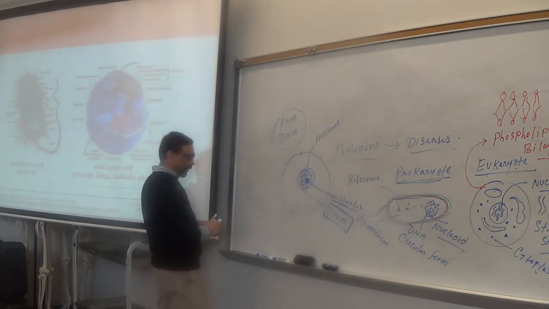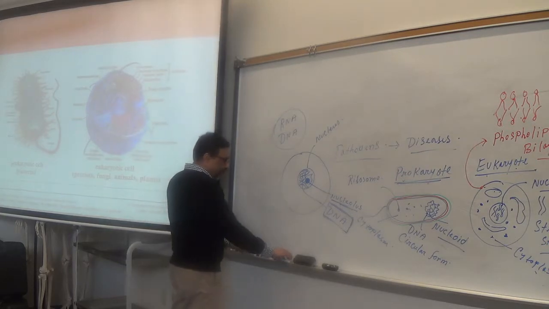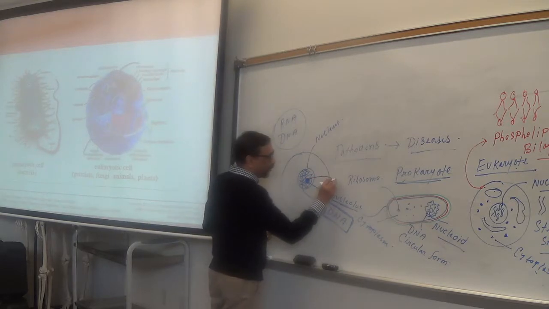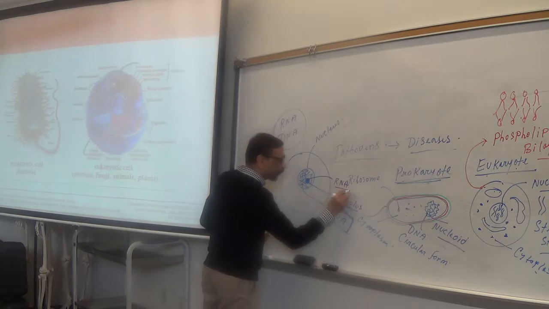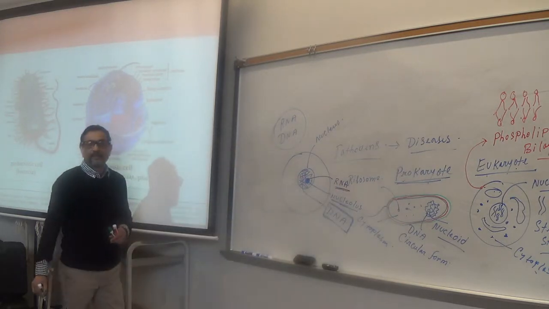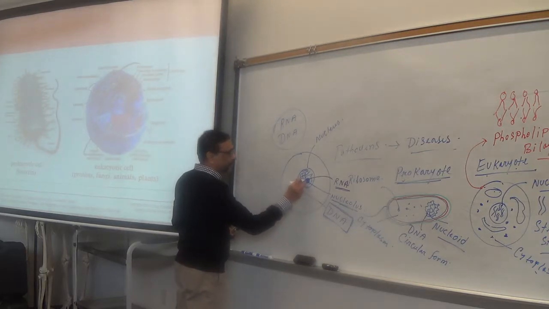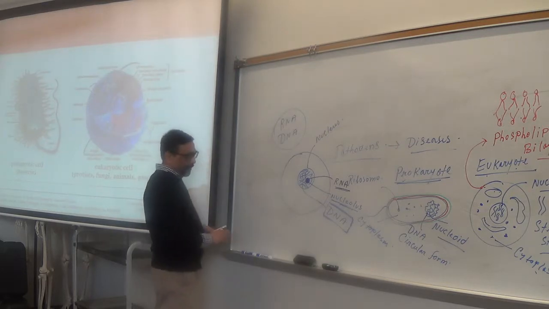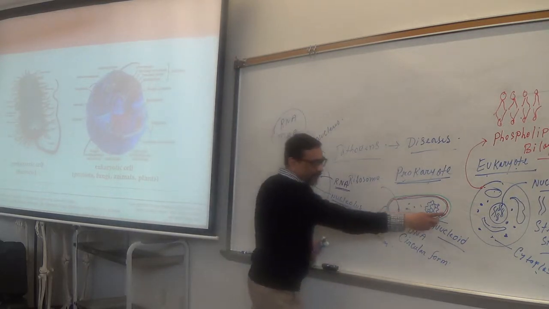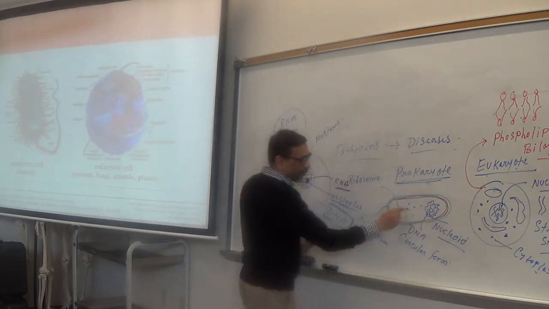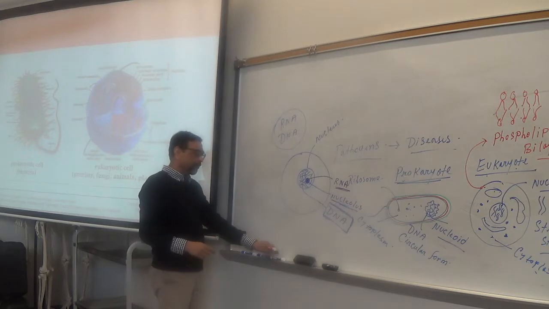Okay. Now, inside the nucleolus, you have RNA. RNA is located inside the nucleolus. And ribosomes, you remember I said both eukaryotes and prokaryotes have ribosomes in the cytoplasm, very important.